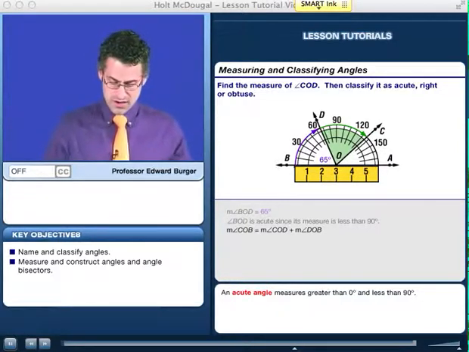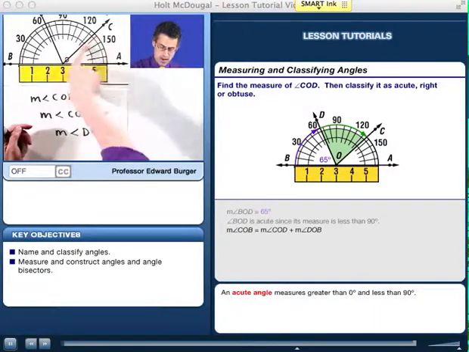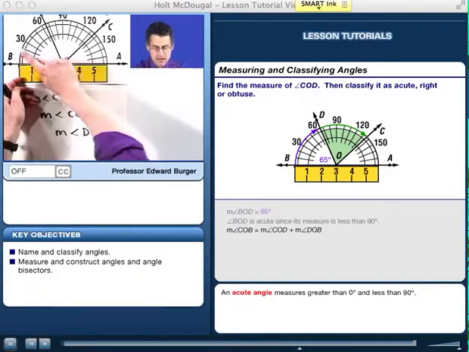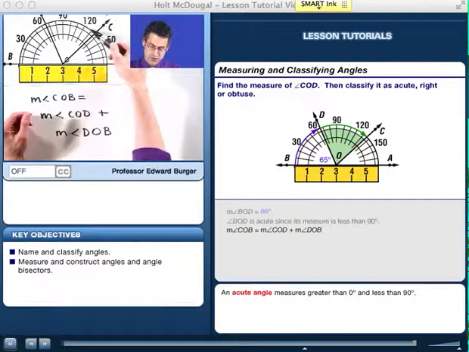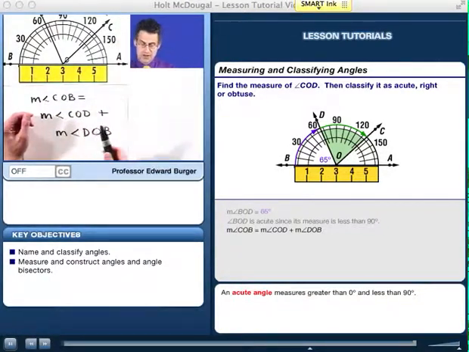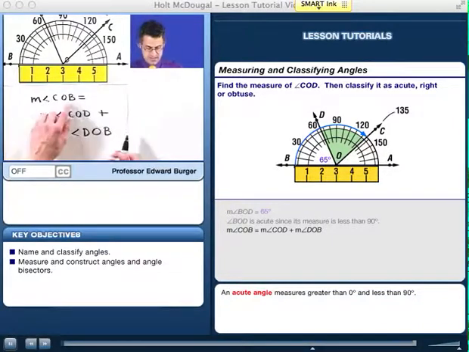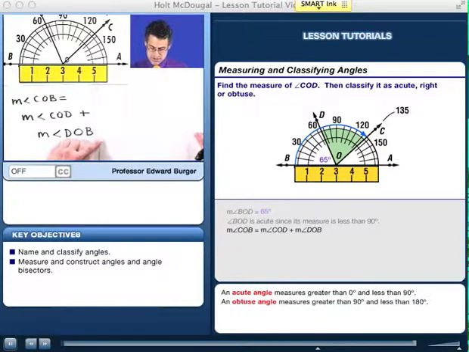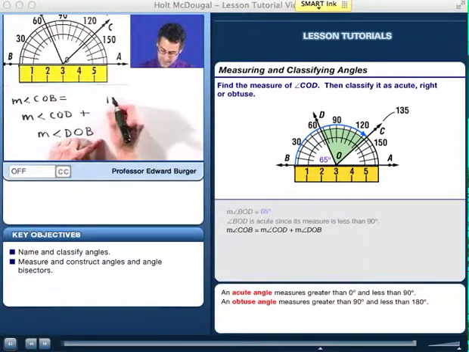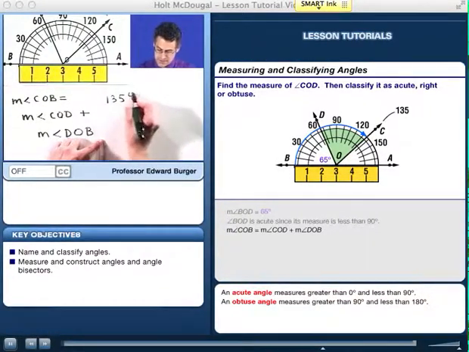What is the measure of angle COB? Well, I can read that off, and I see this is 120 degrees, this is 130 degrees, this is right between 130 and 140 degrees, so it's 135 degrees. So this quantity right here is 135 degrees.